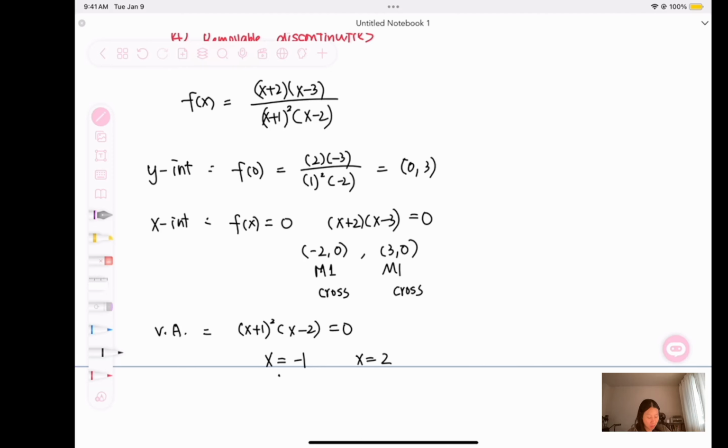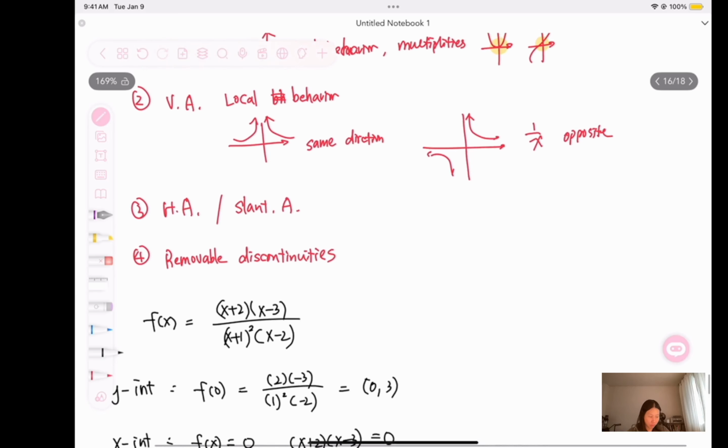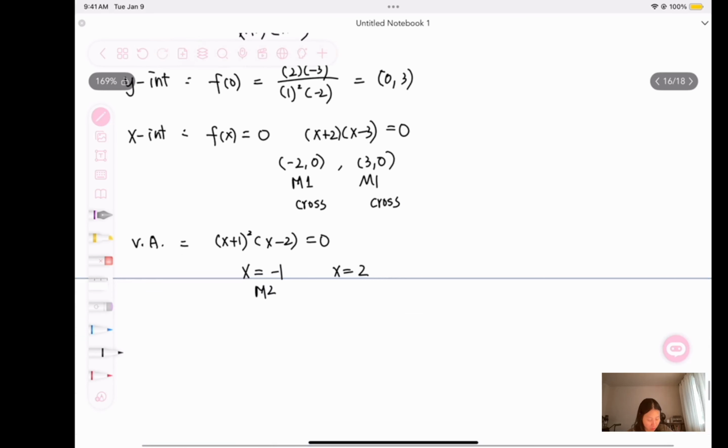When x equals negative 1, we have multiplicity 2, so that means it's going to be similar to the reciprocal square function, which means they're going in the same direction. And x equals 2 has multiplicity 1, which means this is going to be the opposite direction.